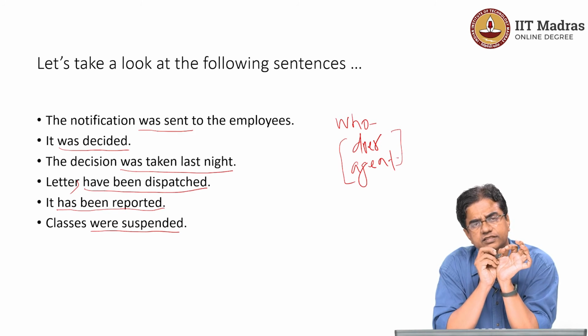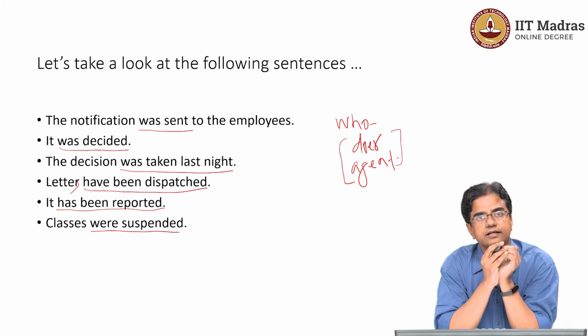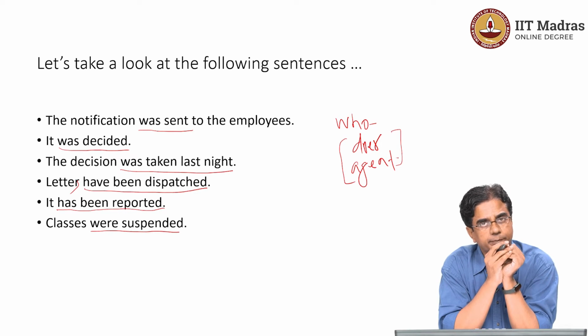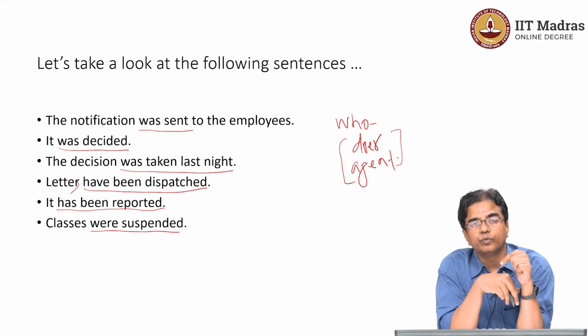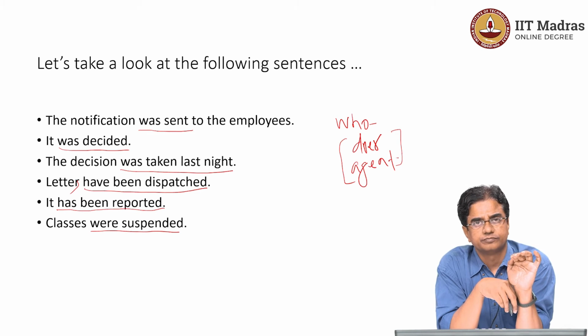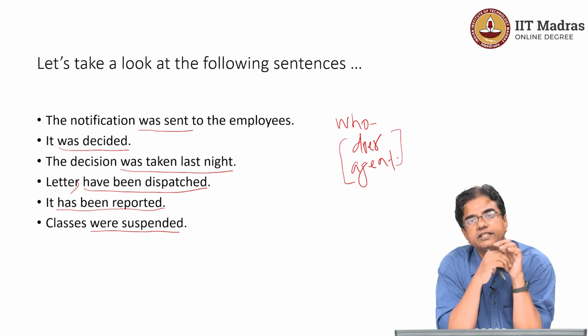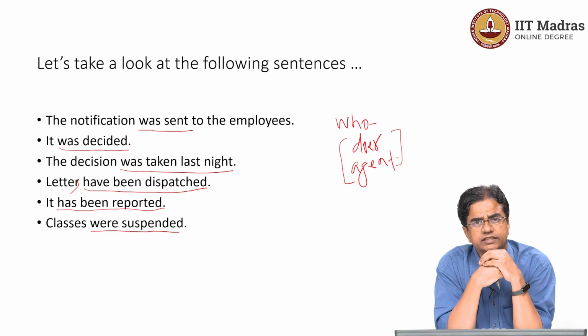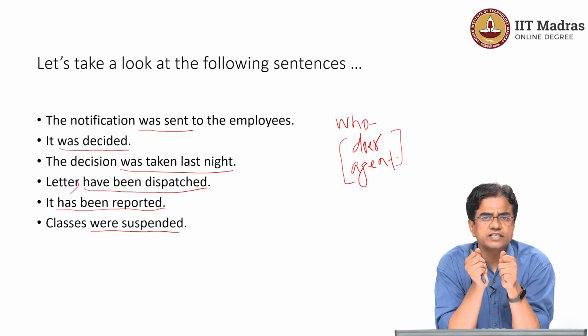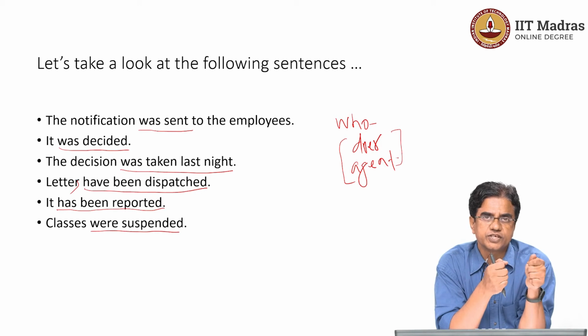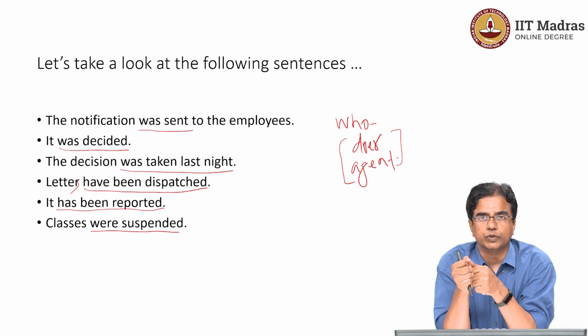In other words, there is a clear intention in a passive sentence that we want to suppress agency. We want to suppress the information about doer. Now, at this point, it is important to know that there is a correspondence between the subject of the sentence and the doer.